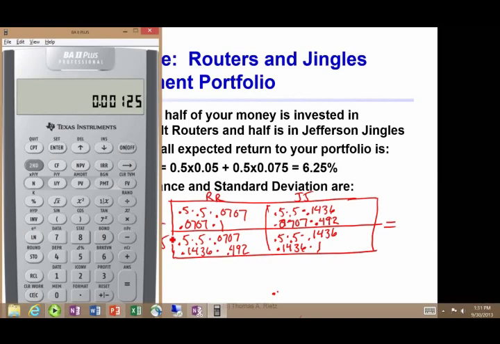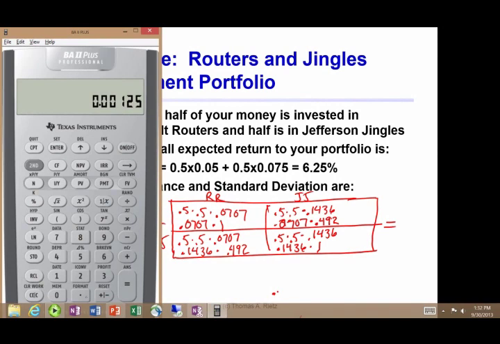Now what I'll do is the upper right corner: half my money in Roosevelt Routers, half my money in Jefferson Jingles, Jefferson Jingles standard deviation, Roosevelt Routers standard deviation, correlation. I'll store that. I'll also store it in another memory register because it's the same calculation in the lower left corner.